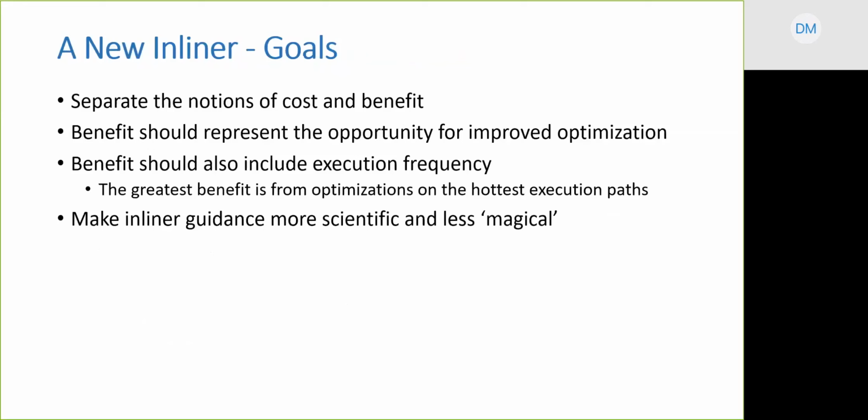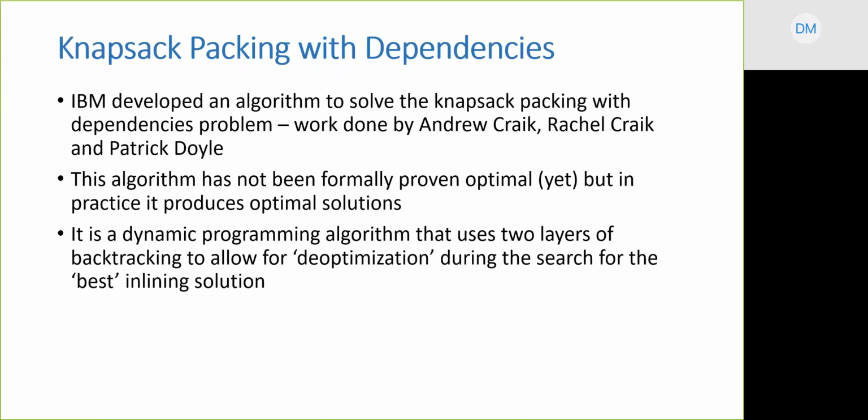So the basis for this research project, before this was background work that we'd done at IBM before we started this collaboration, was that we developed an algorithm to solve the knapsack packing with dependencies problem, right? So the standard knapsack packing problem, you have a backpack of a given size, you have objects of various sizes or weights, and you wish to fill the backpack as full as you can.